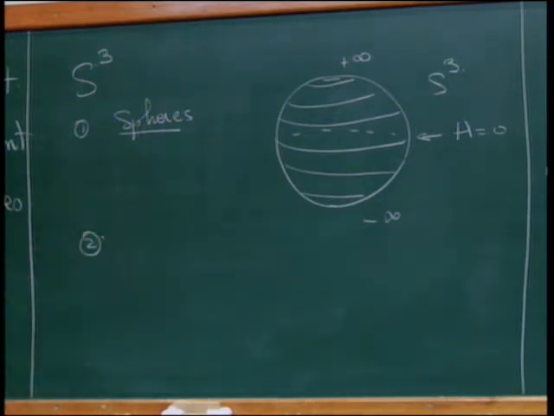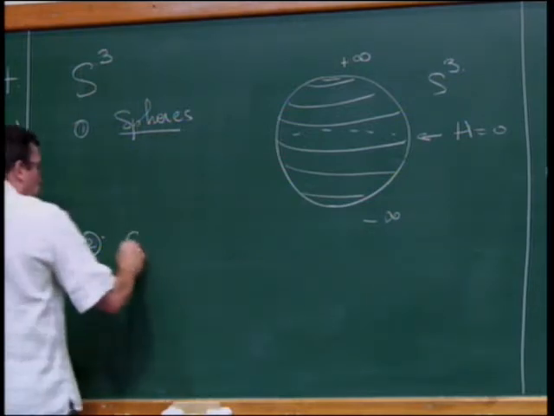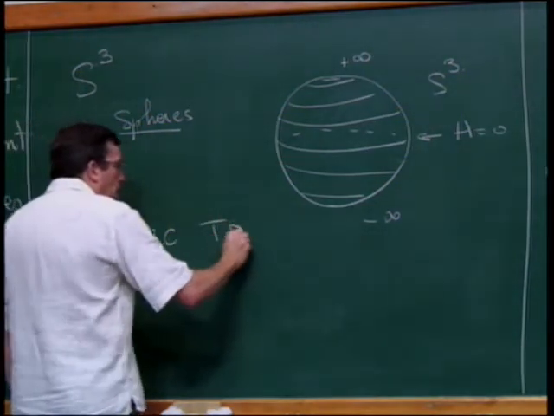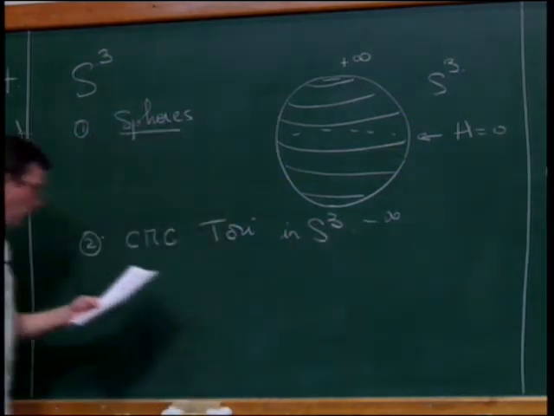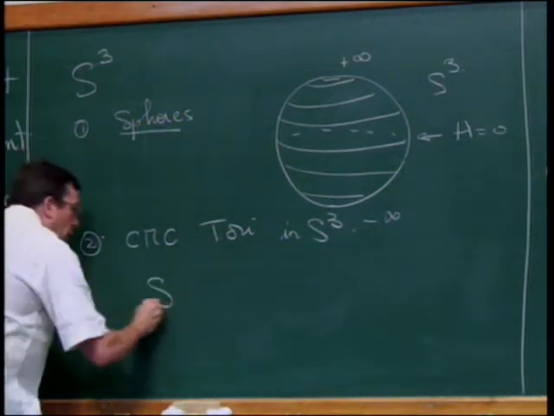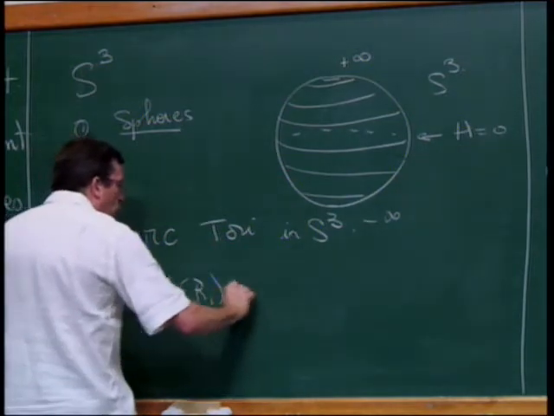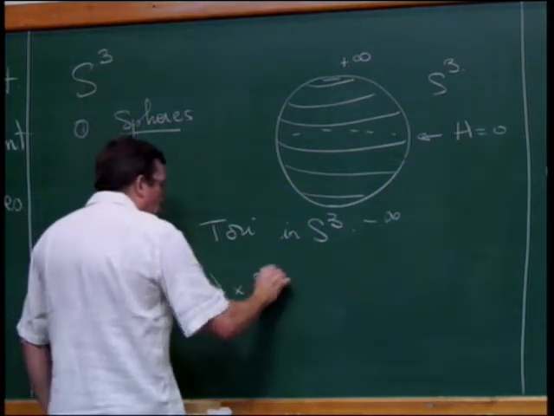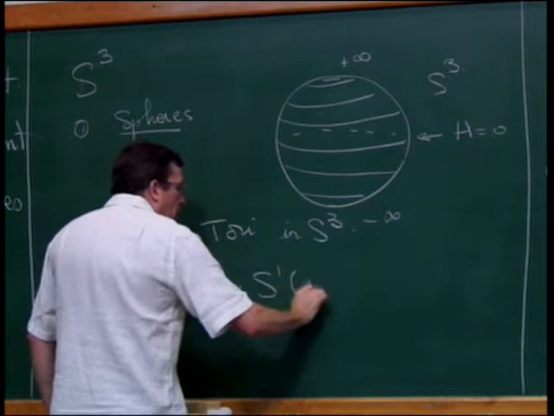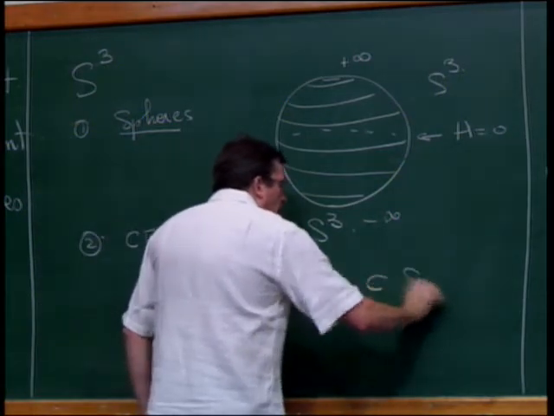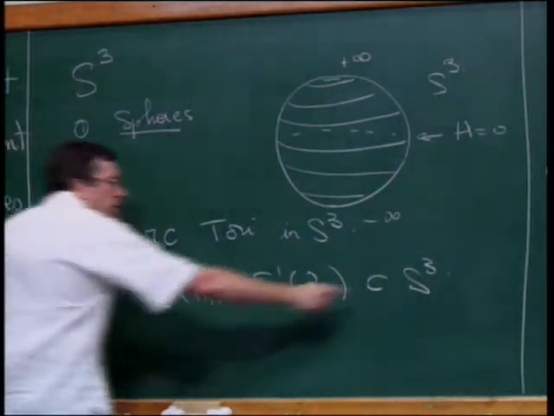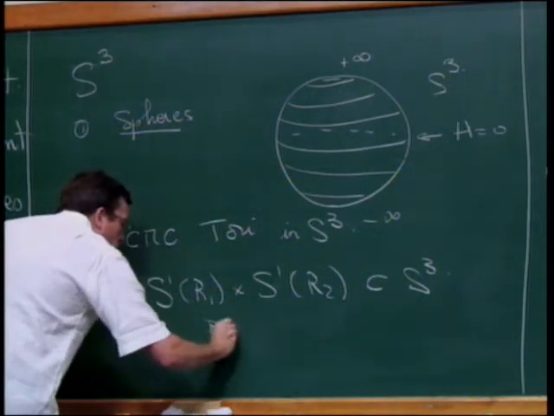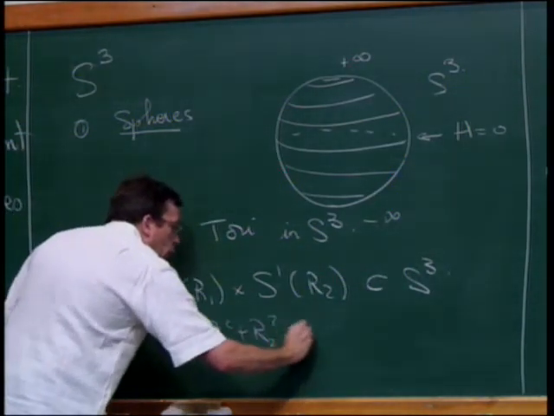Slightly more complicated, you have constant mean curvature tori in S3, and these are very simple to describe. You take two radii, R1 and R2, chosen in such a way that the torus sits in S3, so R1 squared plus R2 squared is equal to 1.